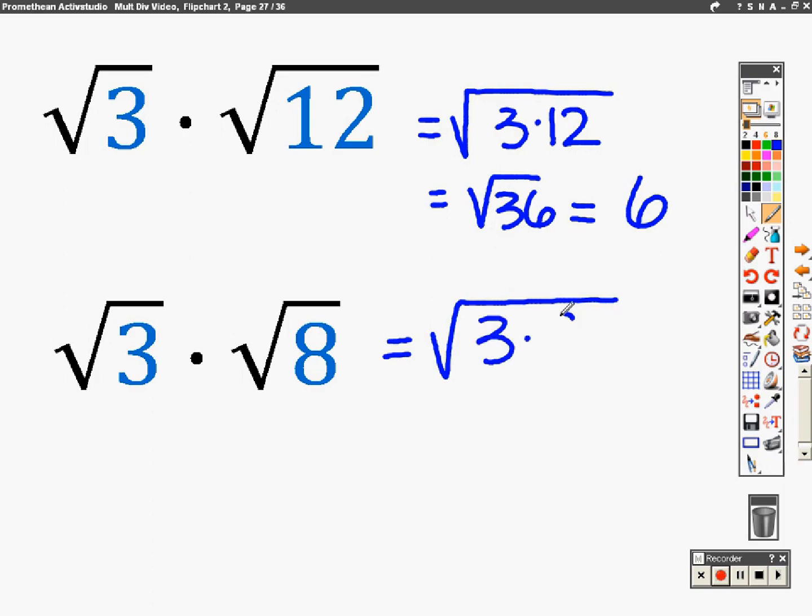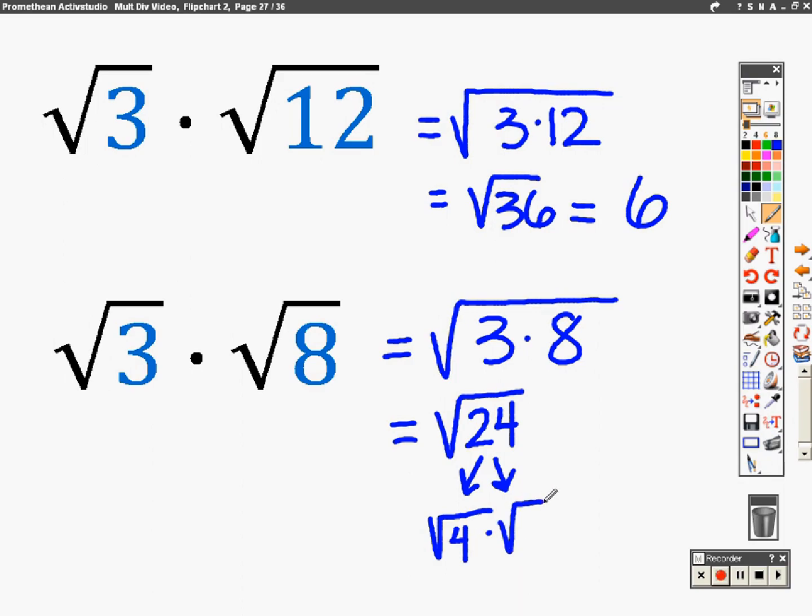It's 3 times 8 under a radical sign, which is just the square root of 24. And as your teacher has told you, you're looking for perfect square factors of any number. I know that 24 can be broken down to the square root of 4 times the square root of 6. So our final answer here is 2 radical 6.